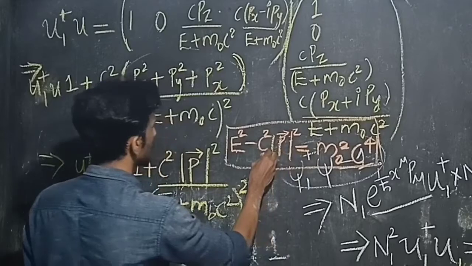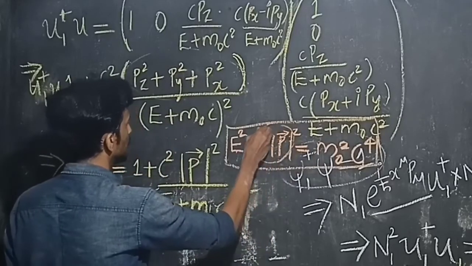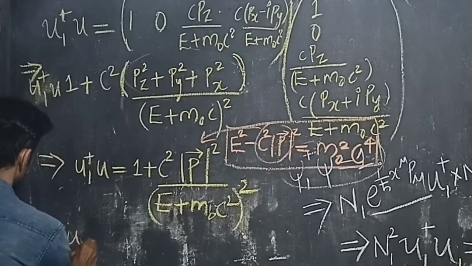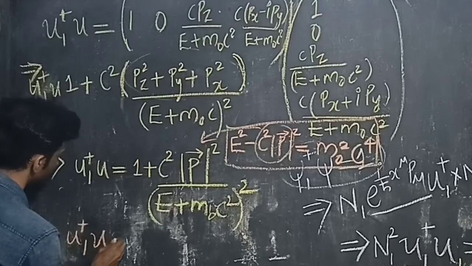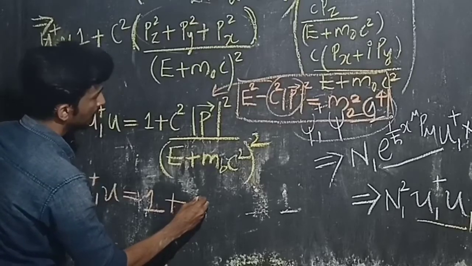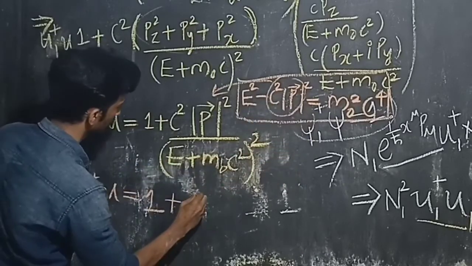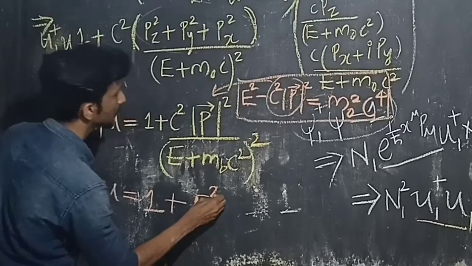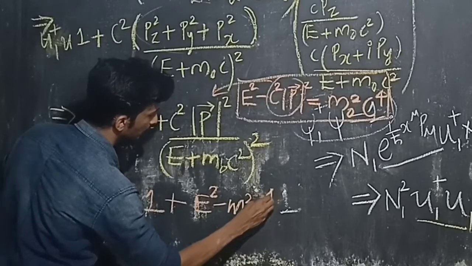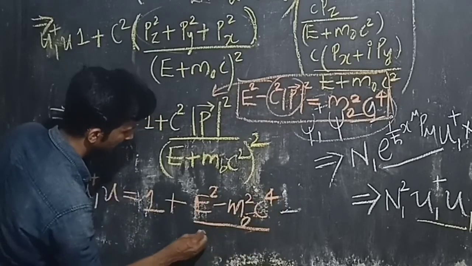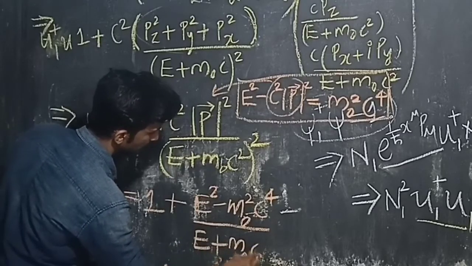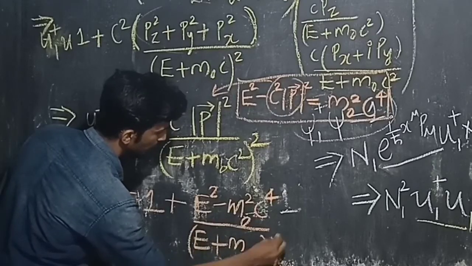So on substituting the value of c square p square here, u1 dagger u1 is equal to 1 plus, that is c square p square is equal to E square minus m naught square c to the power 4, over E plus m naught c square whole square.